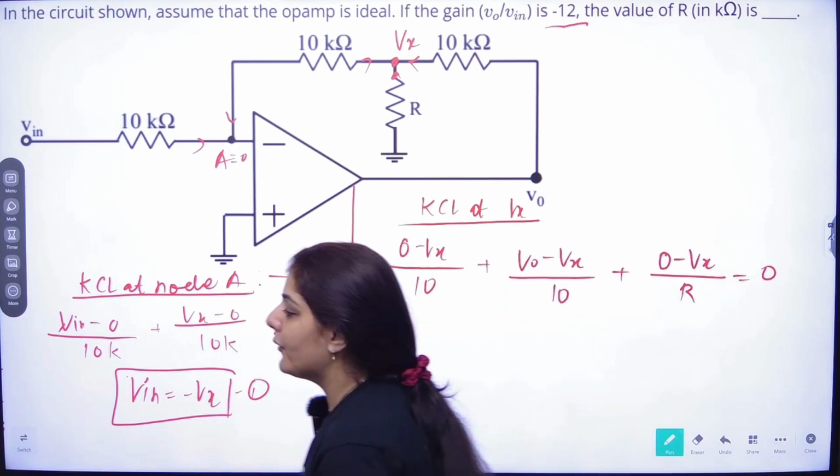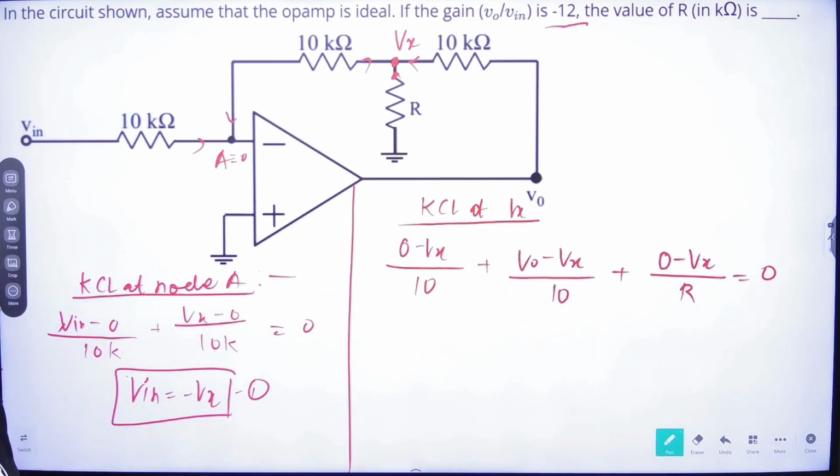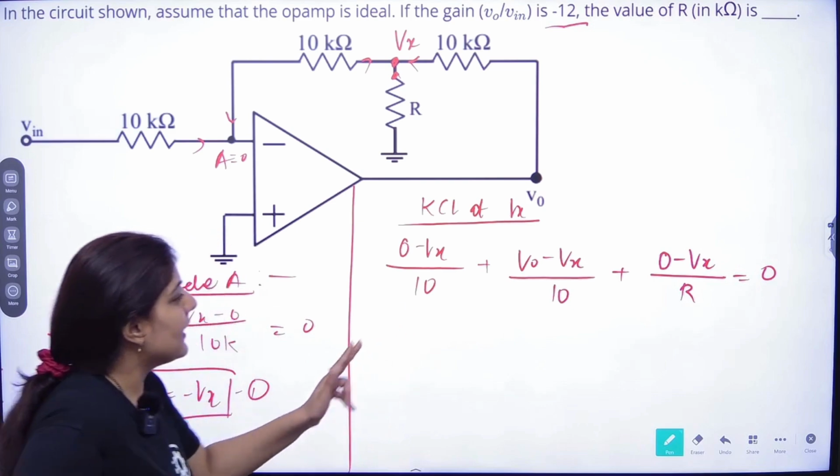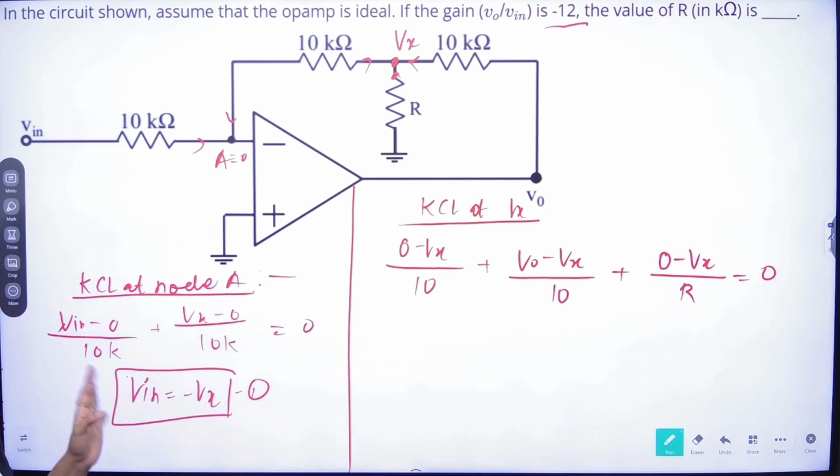Now what have they given us? They have given us the gain, and gain is V0 by Vin. From the first KCL, I have a relation between Vin and Vx. In the second equation, we can see V0 and Vx. Vx is related to Vin: Vin is equal to minus Vx.